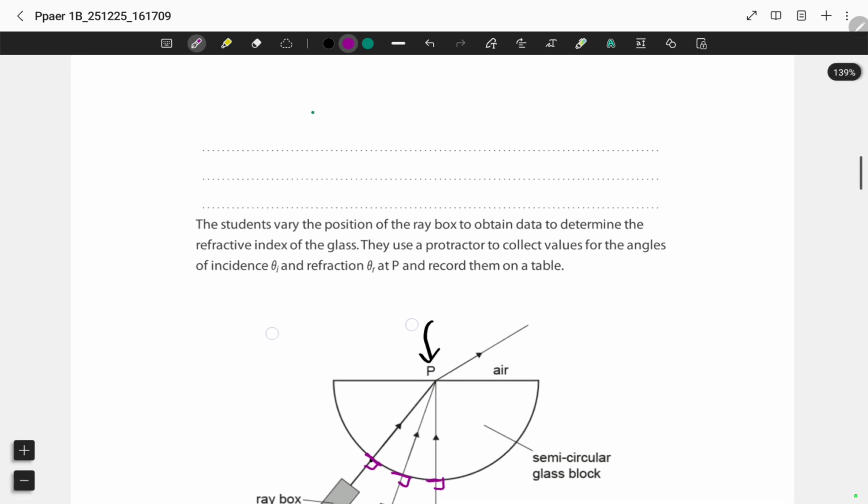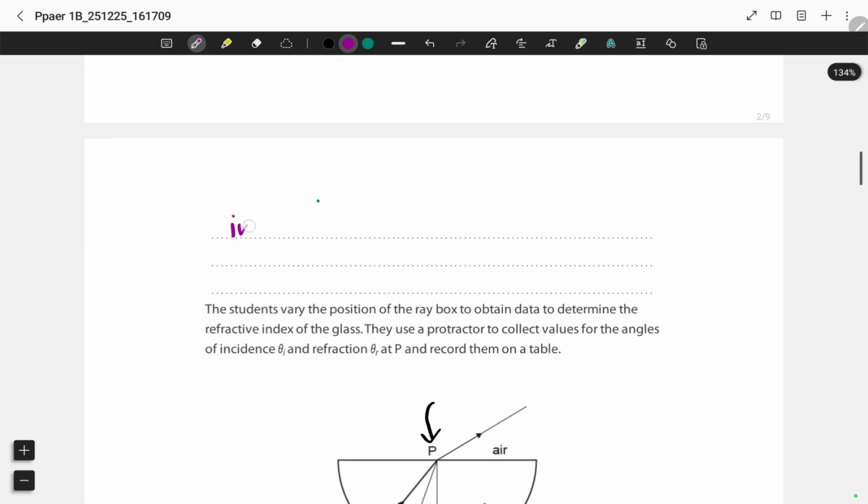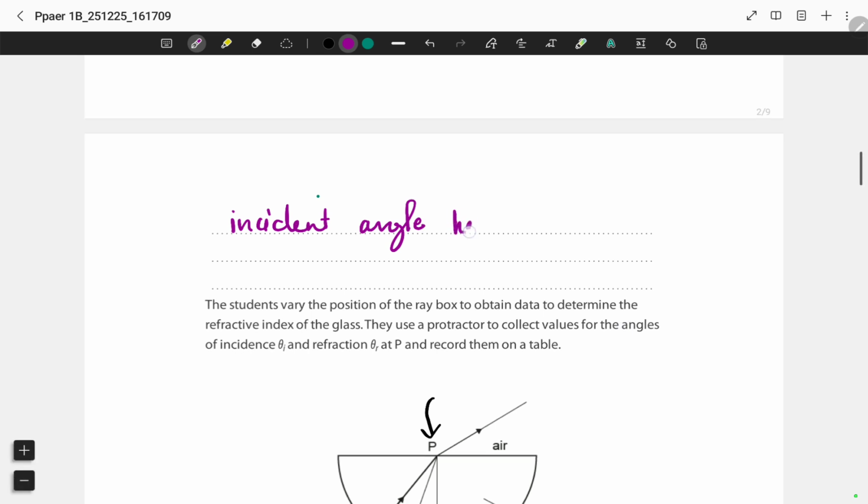So the angle of incidence has to be 0. It's very important, just saying 0 is not enough. You have to write where it has to be 0: at every point of incidence.